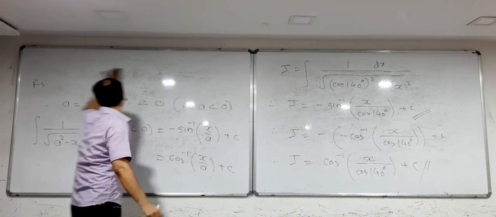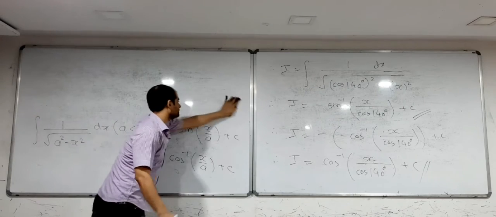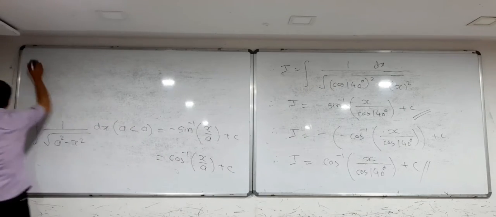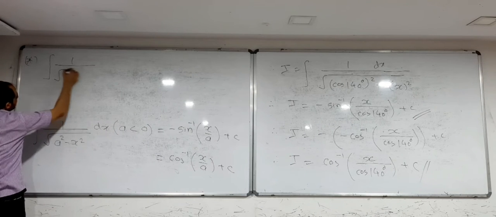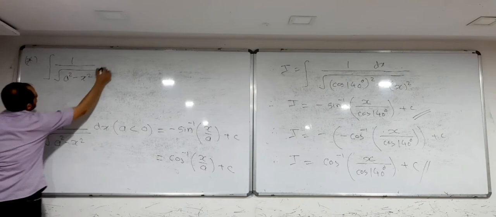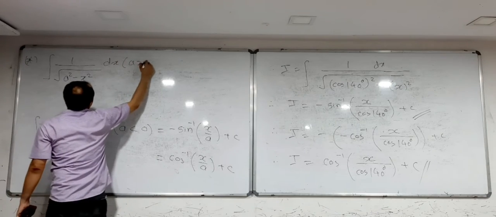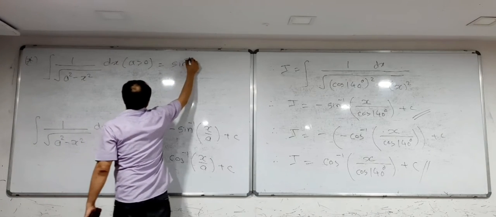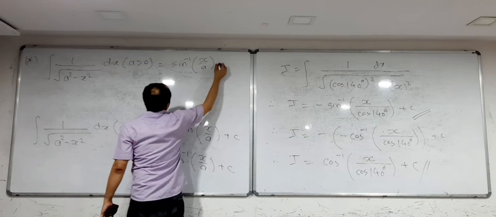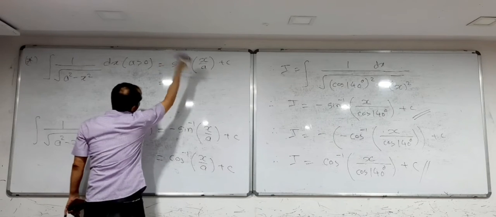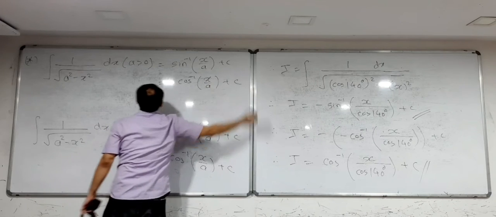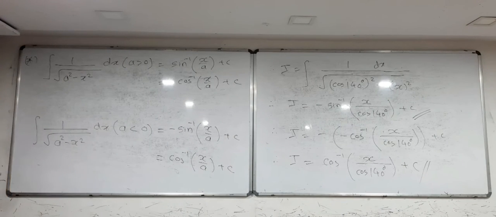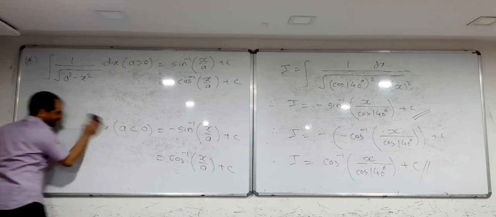You have to remember the integration equation I gave; what result do you have to keep? As given, integration of 1 upon square root of a square minus x square dx for a greater than 0, you must remember, is sin inverse of x by a plus c, and in place of sin inverse you can use minus cos inverse, because sin inverse x plus cos inverse x is pi by 2. So sin inverse is replaced with minus cos inverse.